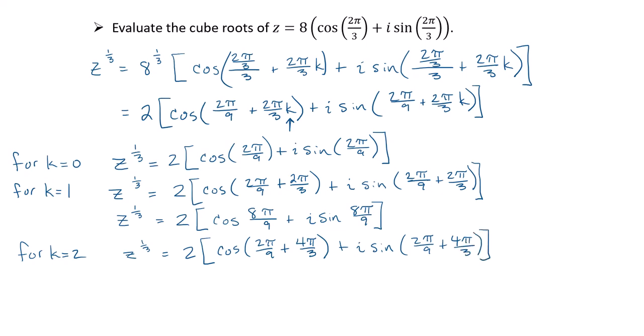Then simplifying, I have z to the 1/3 equals 2 times the cosine of 14 pi over 9 plus i sine of 14 pi over 9.